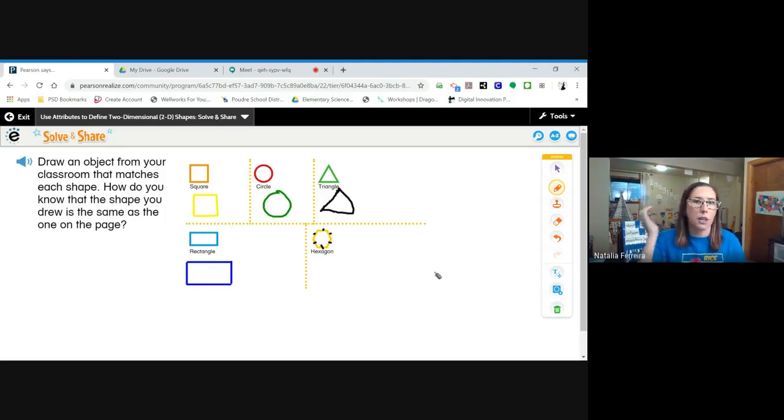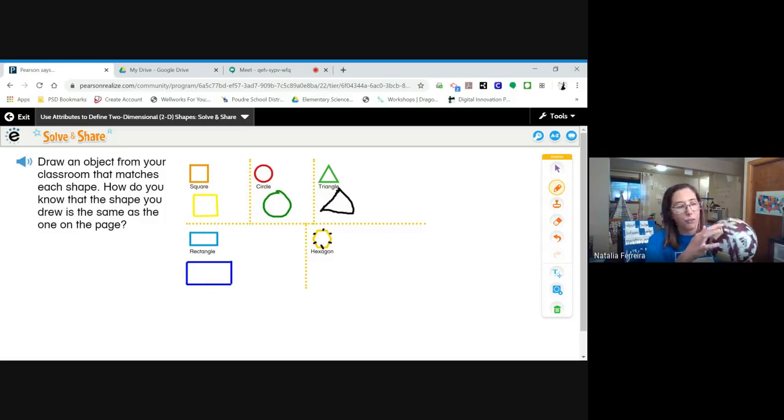Okay, same amount of corners, same amount of sides. Now this one was hard to find, but I found Wesley's soccer ball. Now, if you look at the plain ones, these are pentagons. 1, 2, 3, 4, 5. 5 vertices and 5 sides.